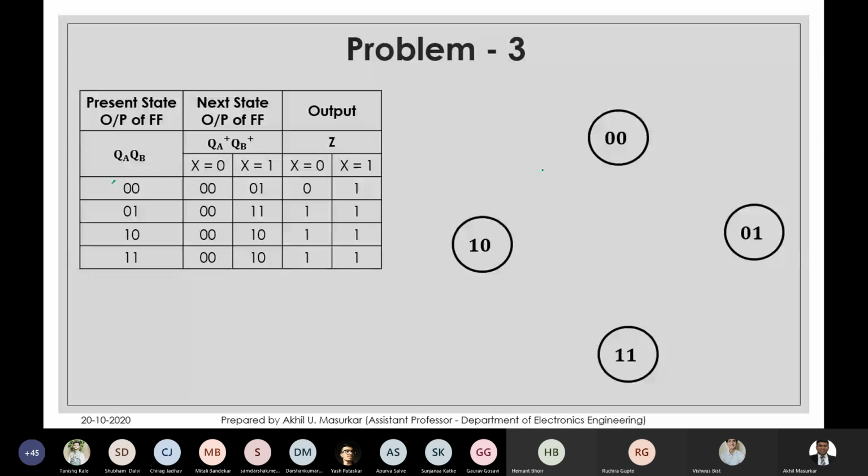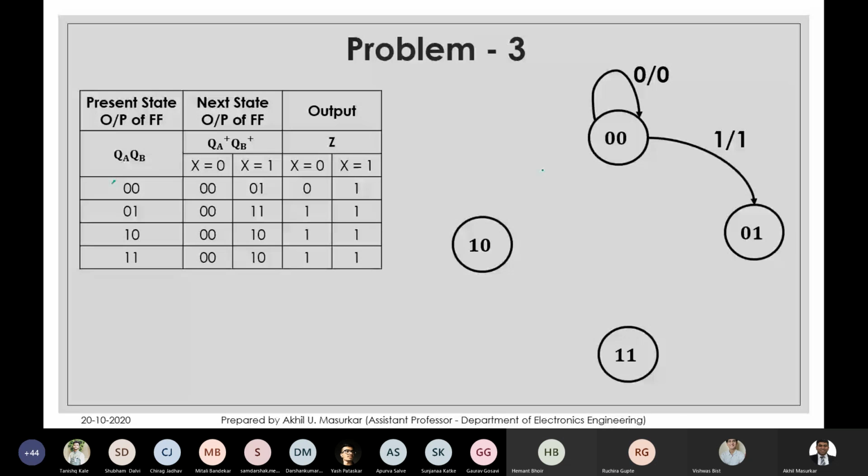If my present state is 0, 0, what is my next state and output if x is equal to 0? Next state is 0, 0 and output is 0. That is right. And if x is equal to 1, what is the next state? 0, 1, and the output is 1.